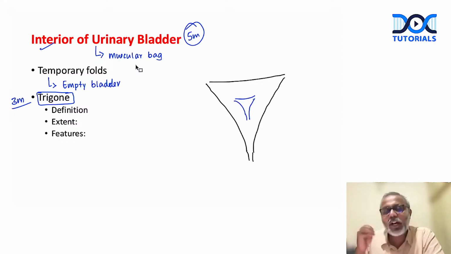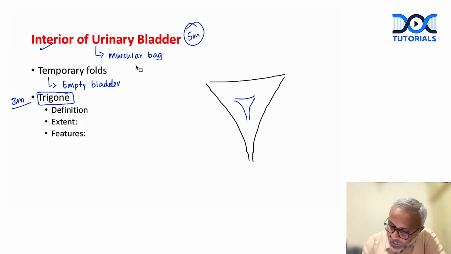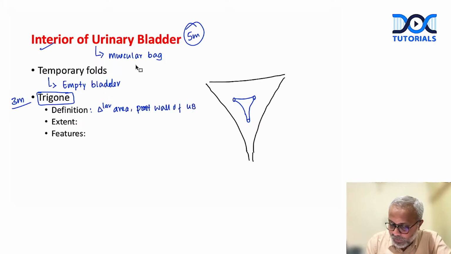It shows a triangular area where we have the opening of the ureters and the urethra, right? So this triangular area, right? Triangular area present in the posterior wall of urinary bladder where the mucosa is smooth, right?